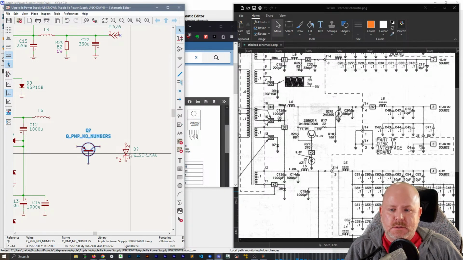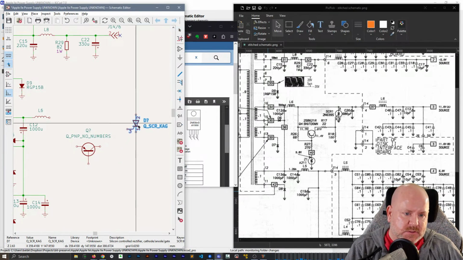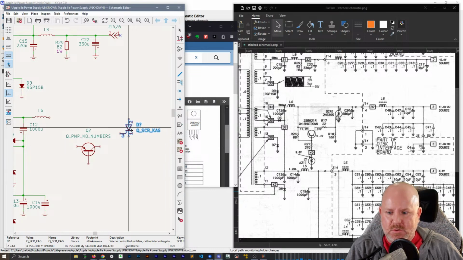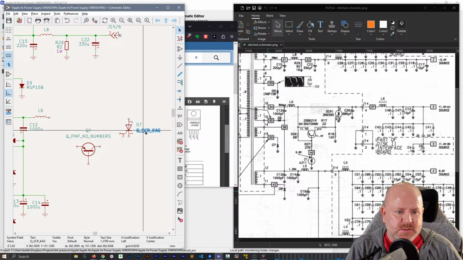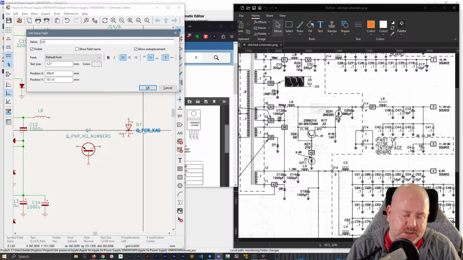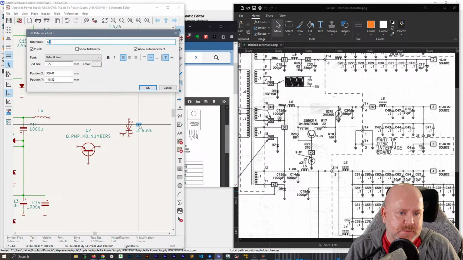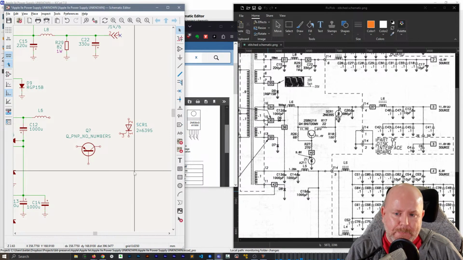All right. So that is actually what I want to go right here. And this is going to be a 2N6395. And I'm going to make that SCR 1.